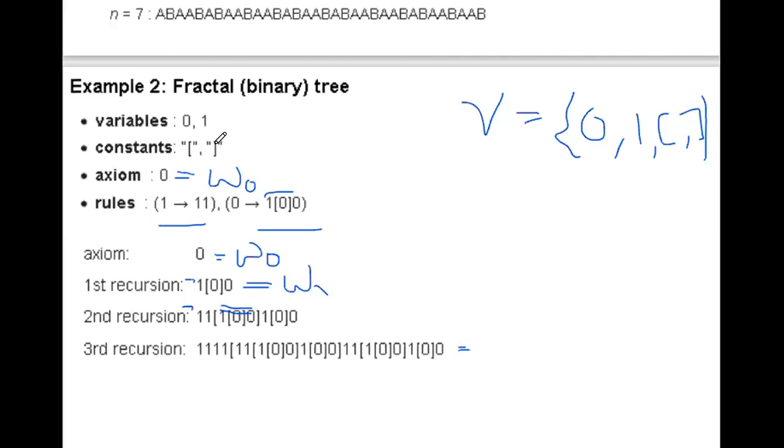Close bracket is a constant, no rule for that, so copy it. And zero again, let's apply this rule. Zero is a variable, it has a rule. So this is the second rewrite. I think you understand how to obtain these rewrites.